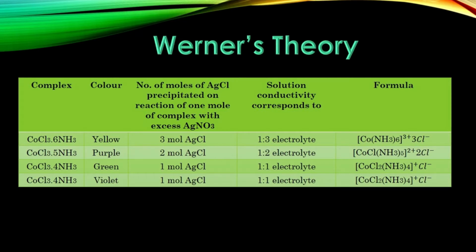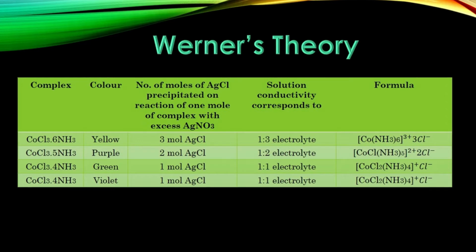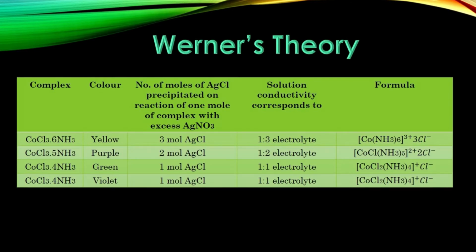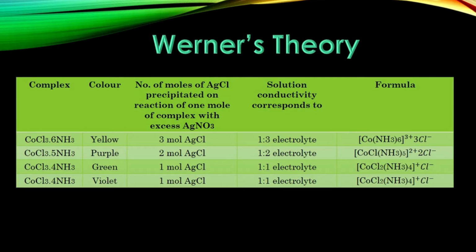When the compound CoCl3·6NH3 is treated with excess of silver nitrate, 3 moles of AgCl are obtained from 1 mole of the compound. That is, all the 3 chloride ions are precipitated. On the other hand, when the compound CoCl3·5NH3 is treated with excess of silver nitrate, 2 moles of silver chloride are obtained. That is, only 2 Cl⁻ ions are precipitated.